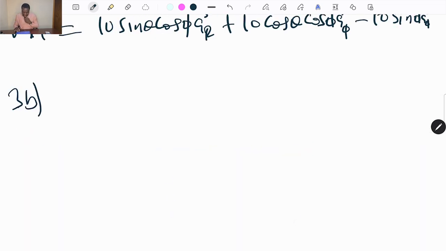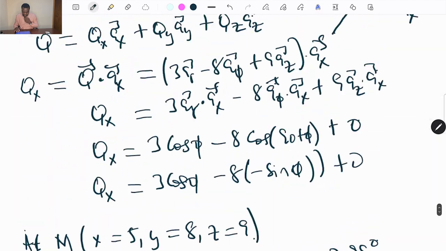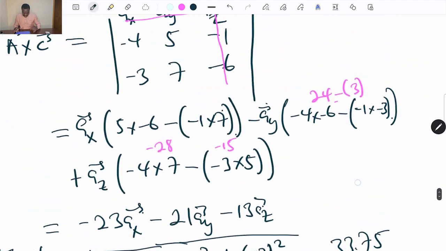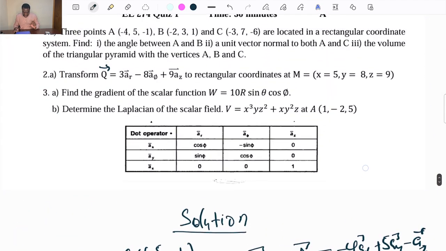Now with question 3b, you are to determine the Laplacian of the scalar function V, which is equal to x raised to the power 3 y z squared plus x y squared z, at point A, and the coordinates are 1, -2, 5. So let's first get the function.